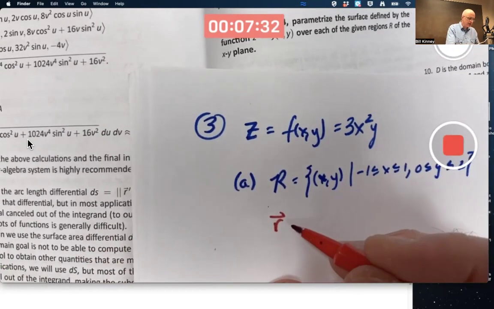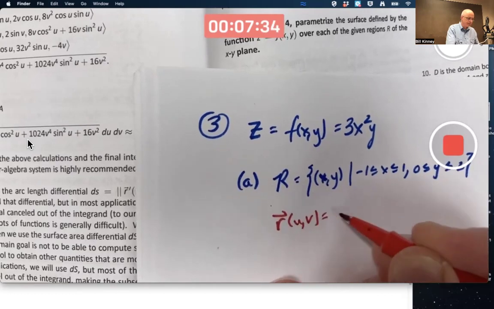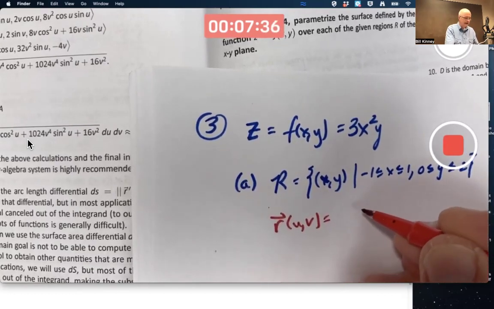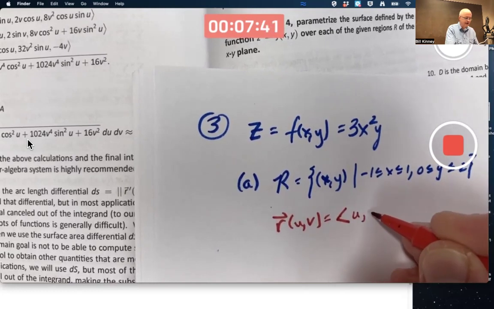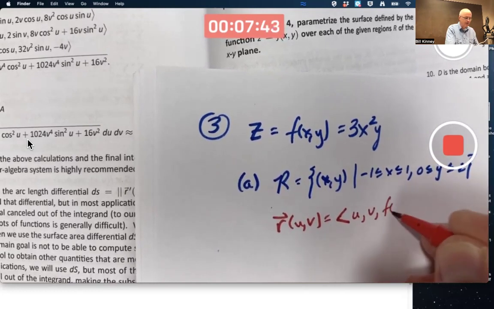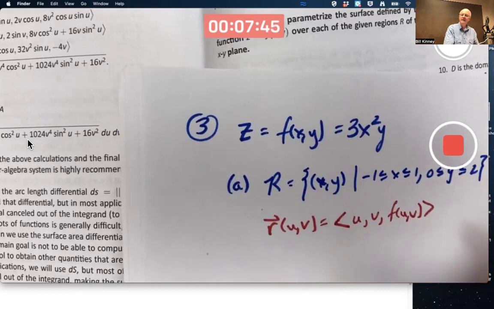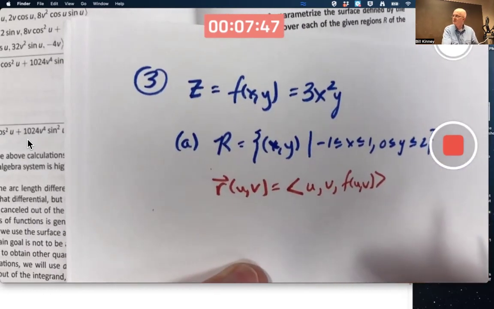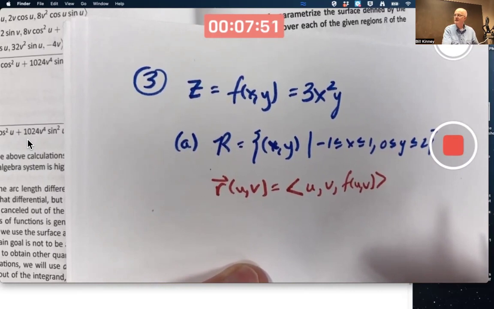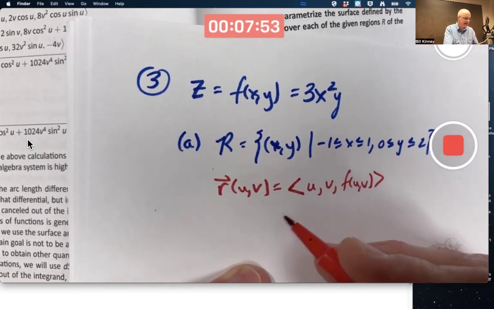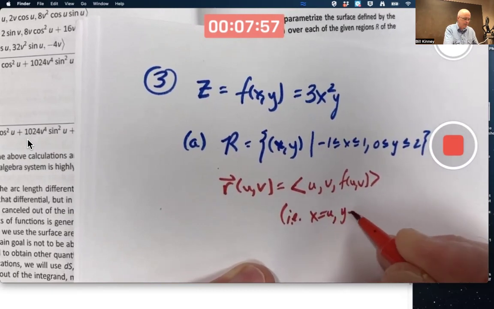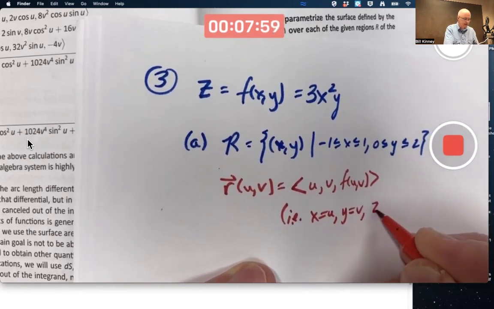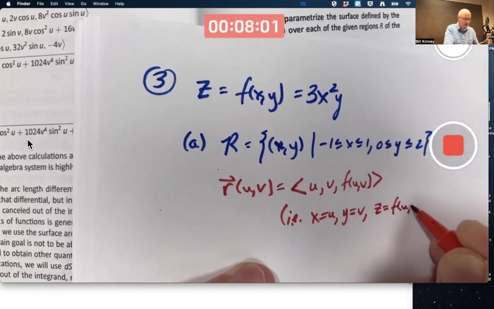And the standard way to do it here is to make the first component of your vector U, the second component V, and the third component F of (U, V), if you are parameterizing over a rectangle. This is the standard way to do it when you are parameterizing over a rectangle. Effectively, X equals U, Y equals V, Z equals F of (U, V).